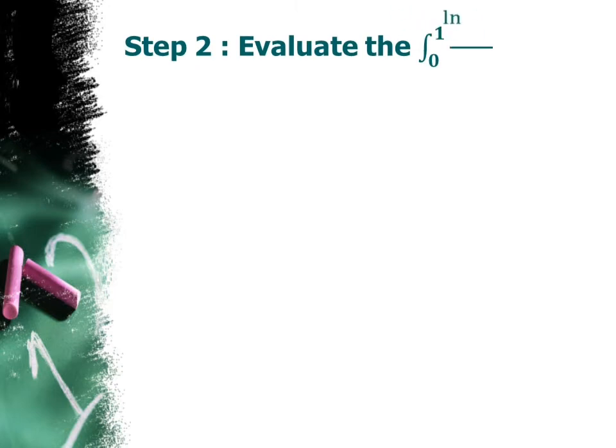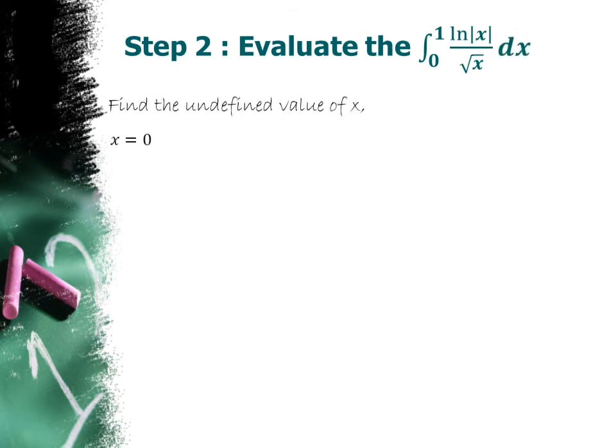To evaluate the integral from 0 to 1 of ln x over square root of x, find the undefined value of x. The denominator is square root of x, so I substitute 0 into the denominator and I get 0.